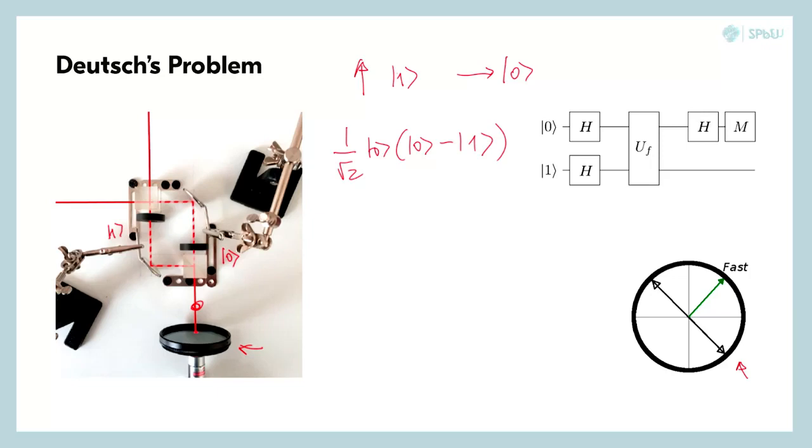And after the first beam splitter, we will have this state. And we are now ready to apply the quantum oracle, because Hadamard transforms are already applied by this polarizer and beam splitter.